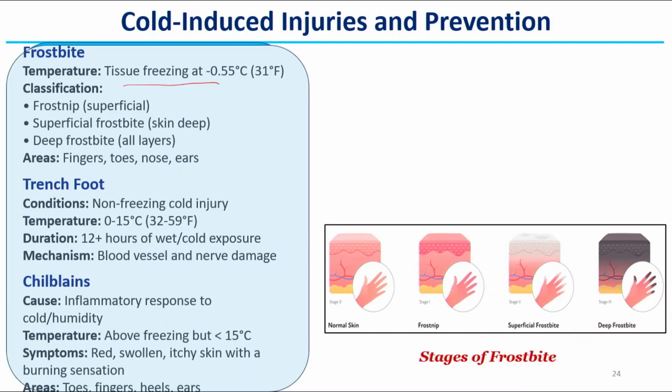We can have a frostbite called frost nip. Frost nip is superficial, and the skin is otherwise normal. Then there is superficial frostbite, skin deep frostbite, and then deep frostbite in all layers.